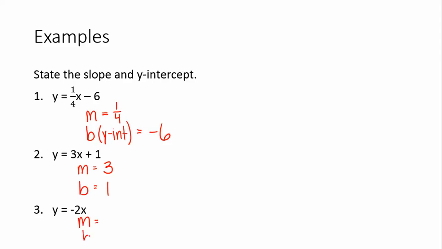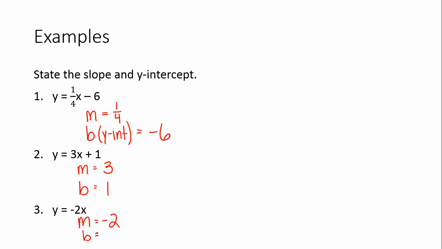Number 3, we have y equals negative 2x. Again, our slope is the coefficient in front of the variable x. In this case, it's a negative 2. And the y-intercept is the number that's added or subtracted onto the back.